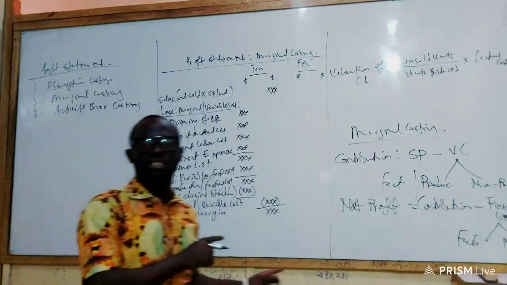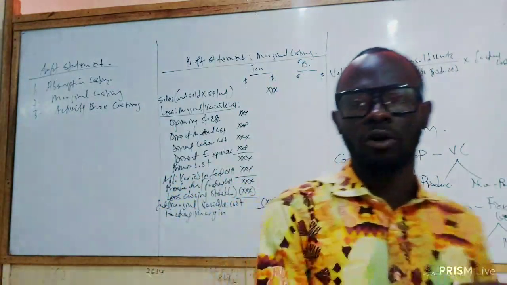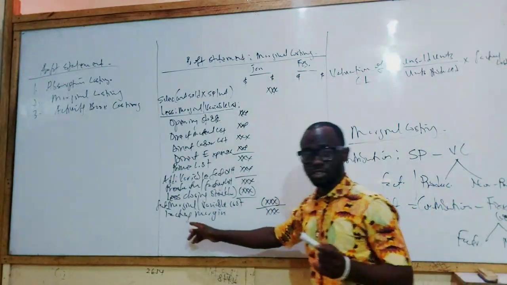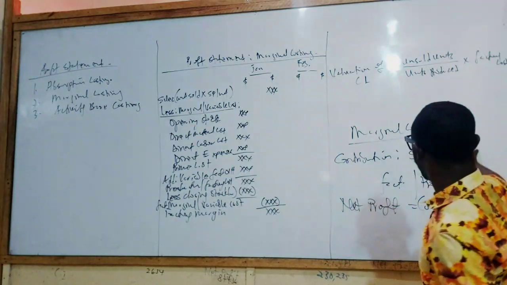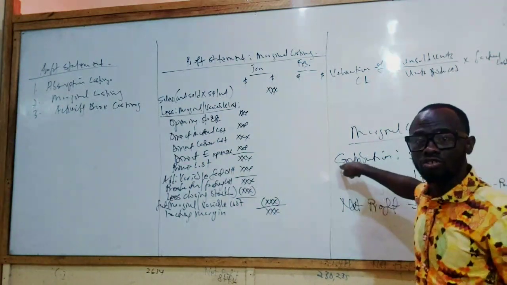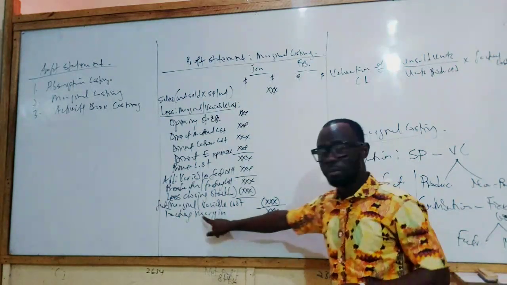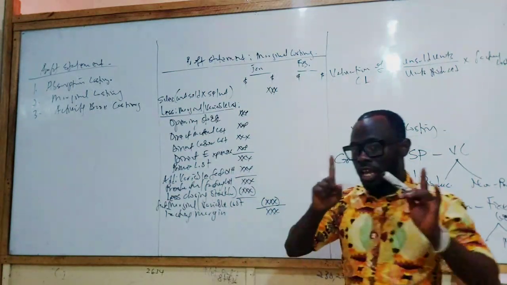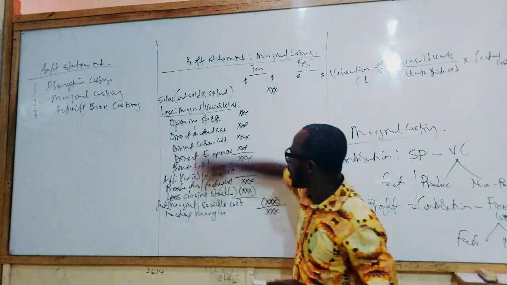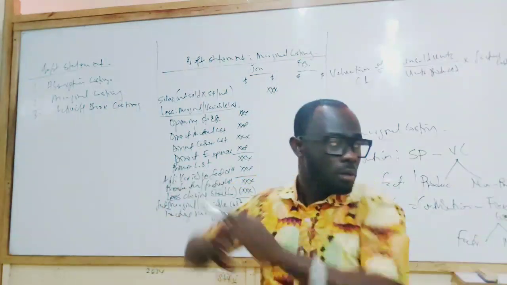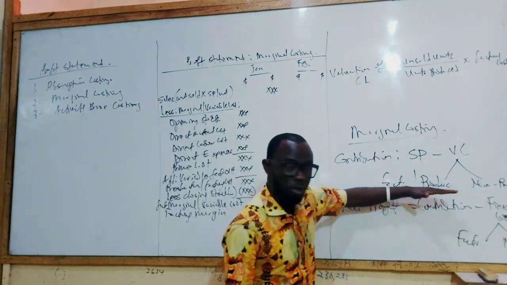Now, why is that important? That is important because I told you when you subtract variable cost from sales, you are supposed to get contribution. But here we are subtracting the variable cost from the sales, but I'm putting factory margin here. The reason is that so far we've dealt with only factory issues. But remember I told you the variable cost includes both what?